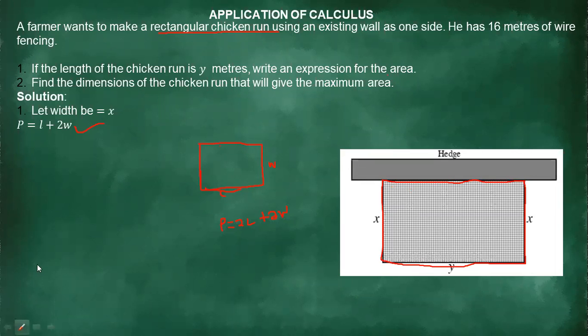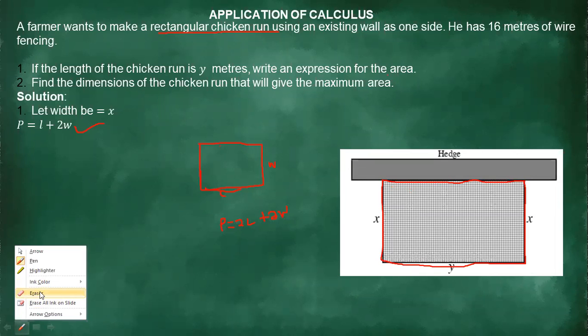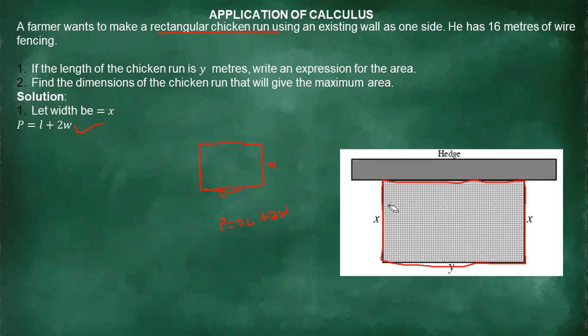So there is no need to put wire fencing on that side. So we're only focusing on this side. And this will highlight the important information that will help you.